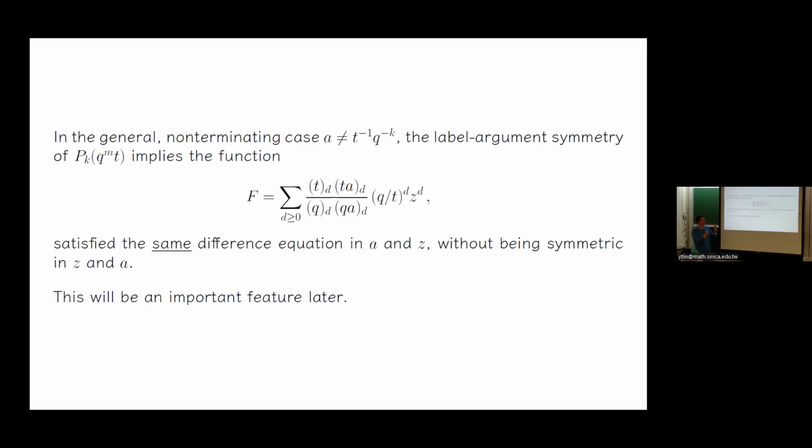It's the same difference equation in the variable a and the variable z. And while this particular solution is not symmetric, which will be important, maybe more importantly, the equation that is satisfied is symmetric in the two.